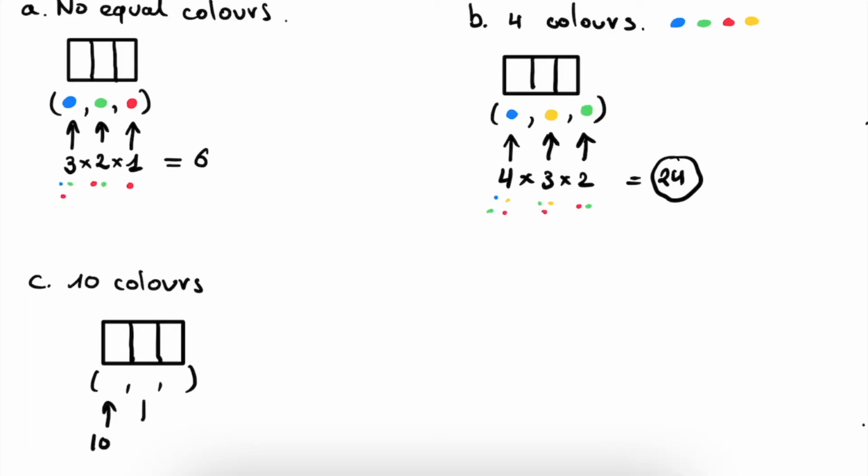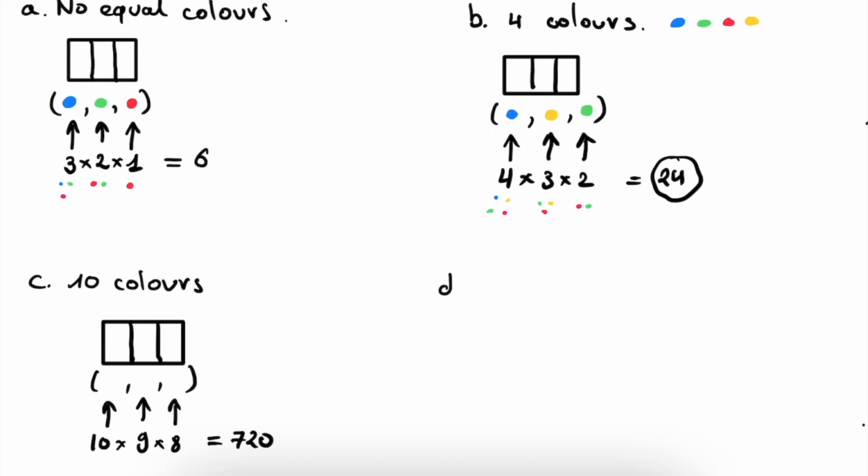This means that for the second position, we only have 9 colors left to pick from, because we cannot choose the color that we chose for the first position. Therefore, 10 minus 1 colors. For the third position, we have 8 colors left, because we cannot pick one of the 2 colors that we picked in the first 2 places. Therefore, multiplying these numbers of choices together, we get a total of 720 possible choices to color this 3-colored flag if we have 10 colors available.